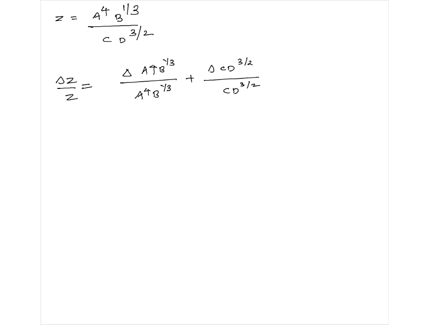Now look at the relative error in a to the power 4, b to the power 1 by 3. This is a multiplicative thing, this into that. So, multiplication means relative errors are going to add.